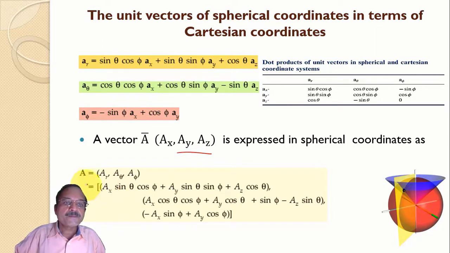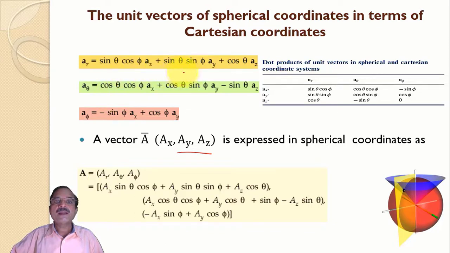The spherical component AR is sin theta cos phi, sin theta sin phi, cos theta, substituted here. Similarly, the theta component is cos theta cos phi, cos theta sin phi, then minus az sin theta, and the phi component is minus sin phi, cos phi.